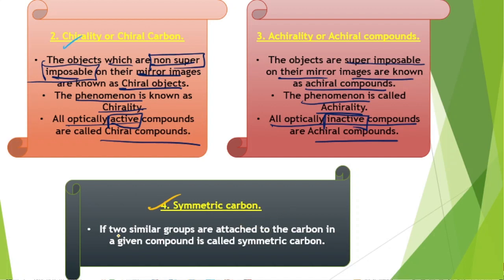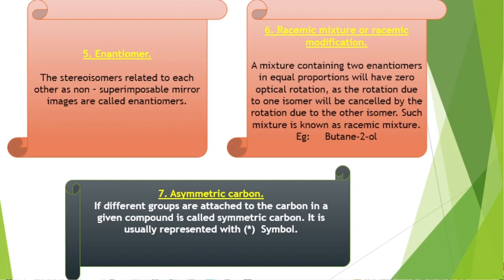Now moving on to the next, symmetric carbon. Symmetric carbon means that if two similar groups are attached to the carbon in the given compound, it is called a symmetric carbon. So the carbon is placed with the same groups like this. Then it is a symmetric carbon. What is an asymmetric carbon?